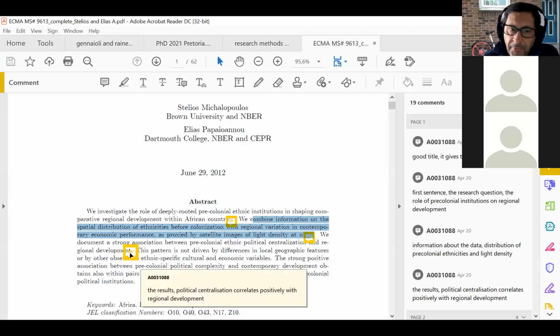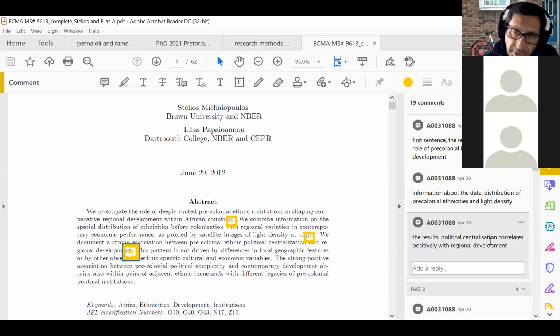What is it that they find, folks? The results: political centralization correlates positively with regional development, right? We have seen that before. They document a strong association between pre-colonial ethnic political centralization and regional development. And the pattern is not driven by differences in local geographic features or by other observable ethnic-specific cultural and economic variables.